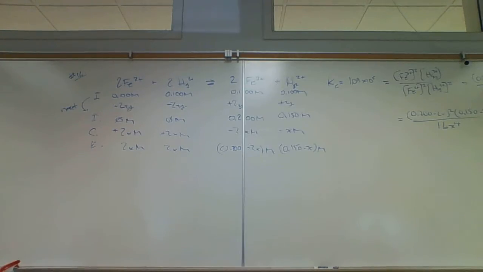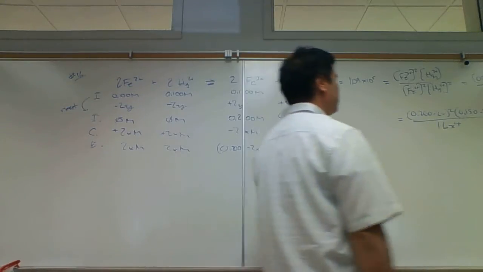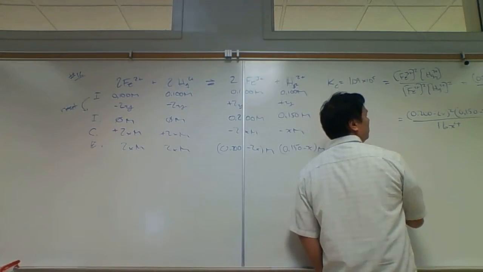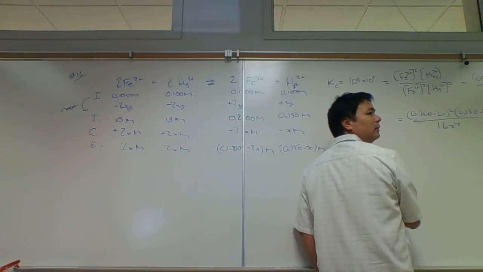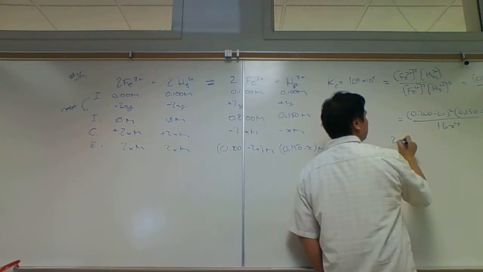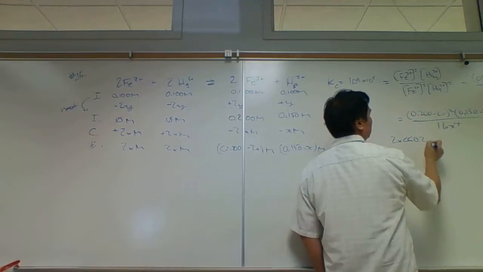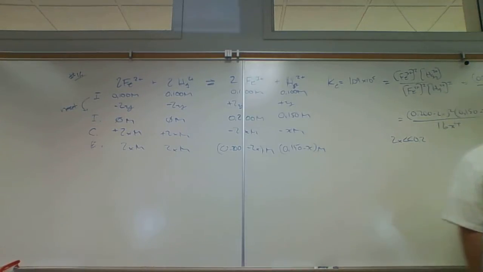So then you guys tried the simplifying assumption? Yeah. Okay, let's try. What did you say as your simplifying assumption? That 2x is smaller than 0.2 or x is smaller than 0.15? Yeah, good. 2x is smaller than 0.2, which gives us 0.200 squared times 0.150 divided by 16x to the 4th. Now this is easy to solve for x.